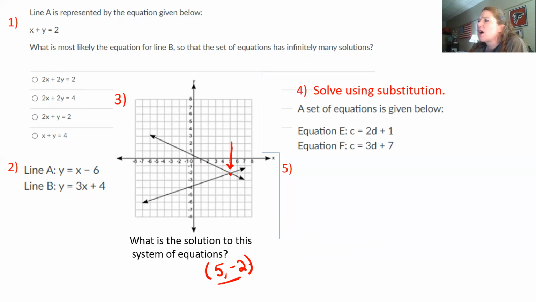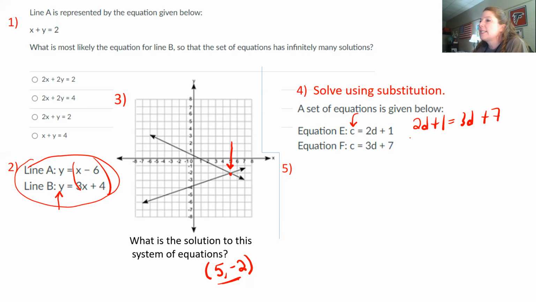Number 4, solve using substitution. This one is very similar to how we solved number 2. Since these were both equal to the same variable, that means that these were equal to each other. Same thing here. These equations are both equal to the letter c, which means we can set 2d plus 1 equal to 3d plus 7.